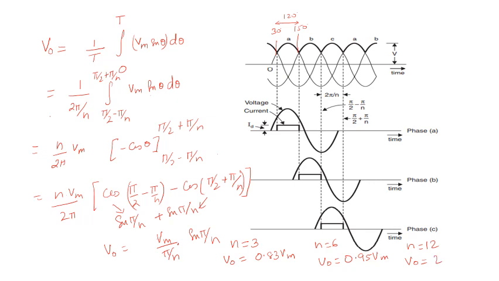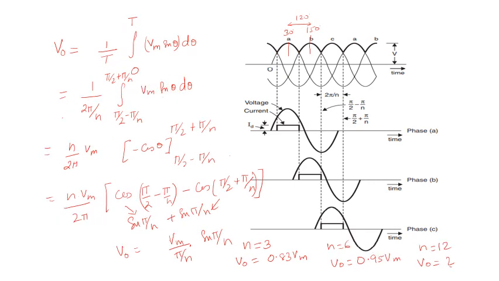If you see the values here, the output DC voltage is increasing as you increase the number of pulses. It was 83 percent of your maximum value, and now it is 95 percent of your maximum value. So that is the advantage of this waveform.